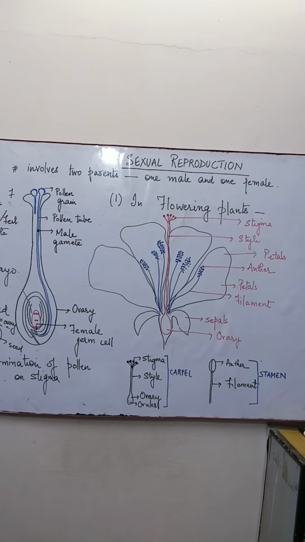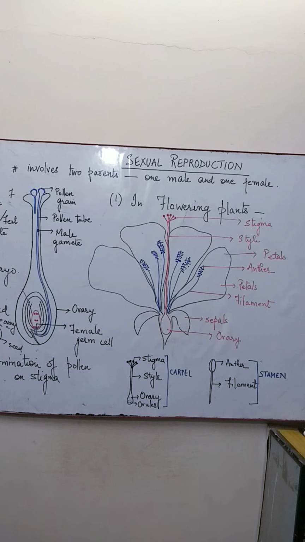So this seed formation enables the plant to withstand unfavorable conditions, because the seed can be carried far and wide. The seed can be easily carried from one place to the other. Also, it can withstand unfavorable conditions, because a seed will not germinate unless and until the favorable conditions are provided to it for germination.